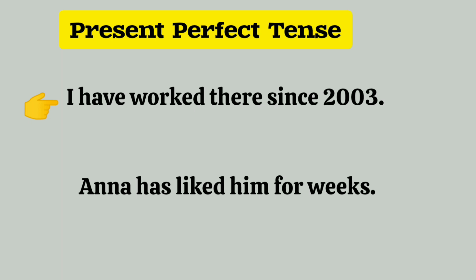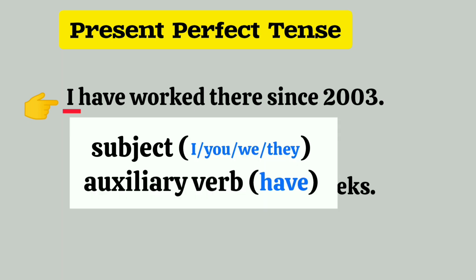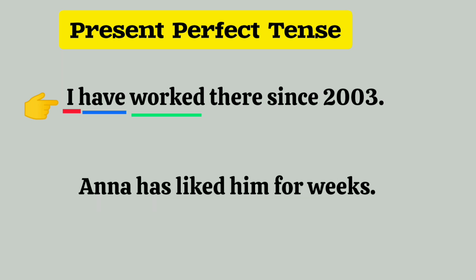You'll notice we start with the subject I, you, we, they, then we follow with the verb have, then the past participle of the verb. What you will notice here is that we also have since 2003. This shows when the action started. So with the expression since, you need to use a specific point in time.